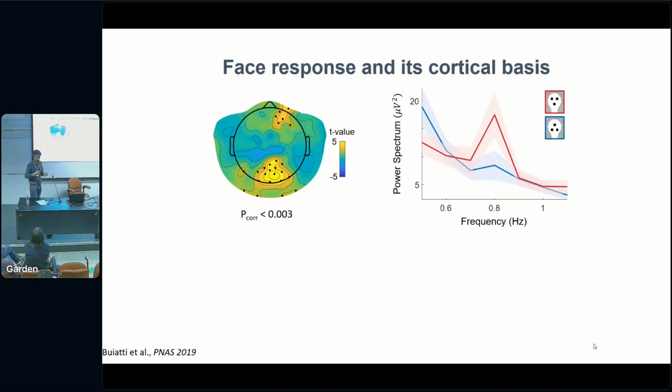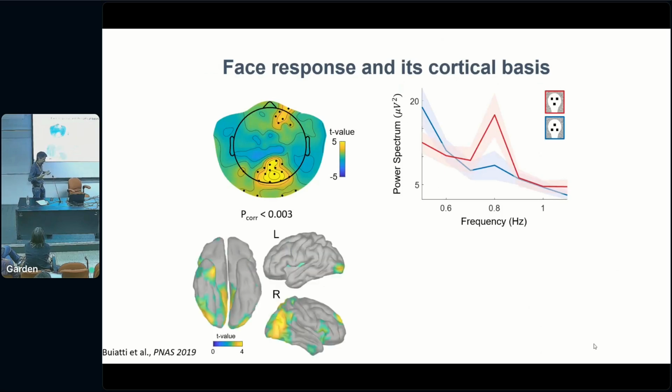Thanks to Chiara, who mentioned high density EEG, here we used high density EEG with 125 electrodes. Since newborns have a very thin skull, we did source reconstruction because it has better spatial resolution than in adults. And we found some overlap with the typical regions that are found in adults for face perception.